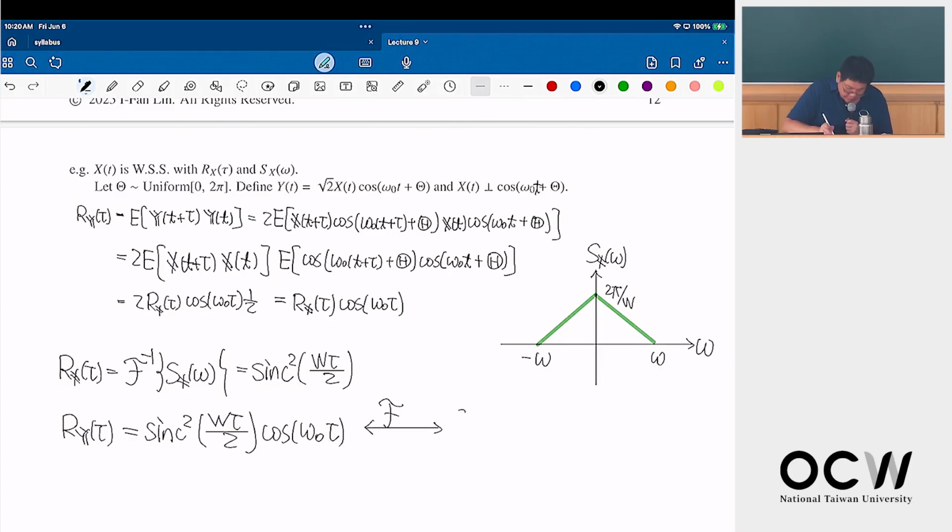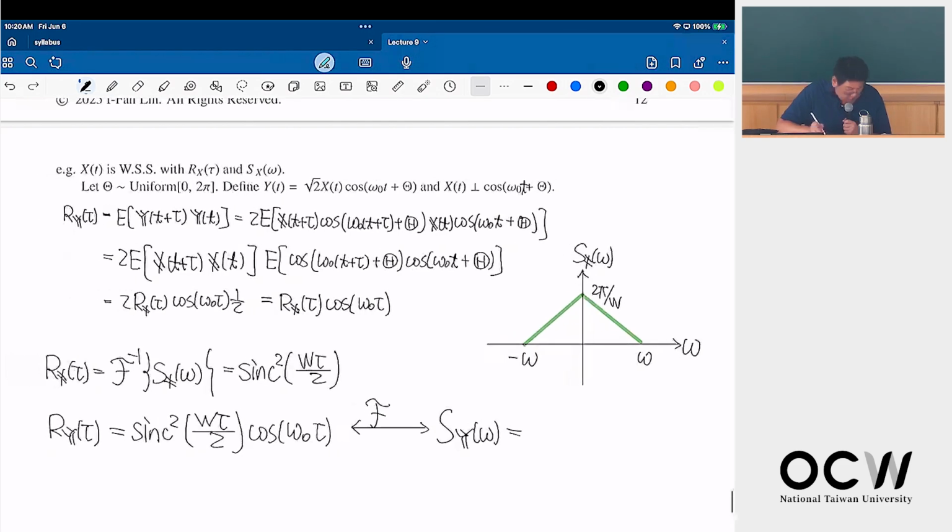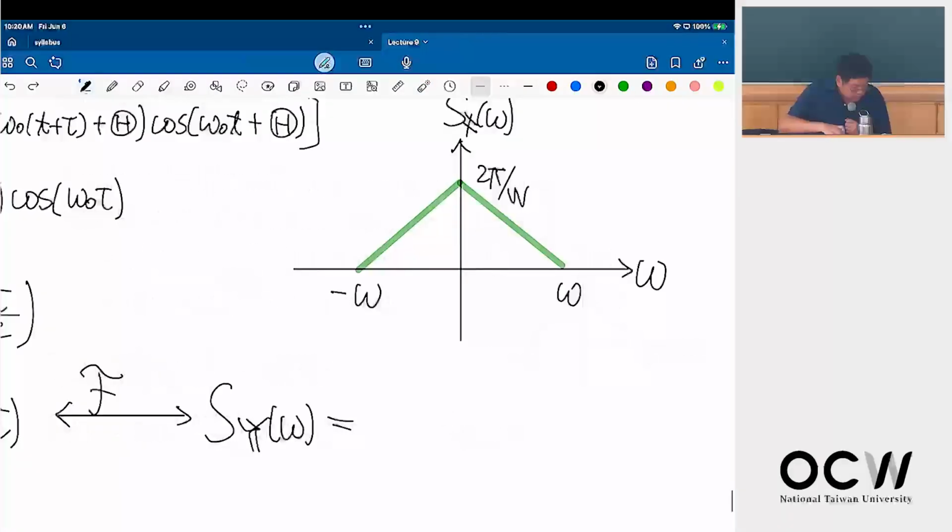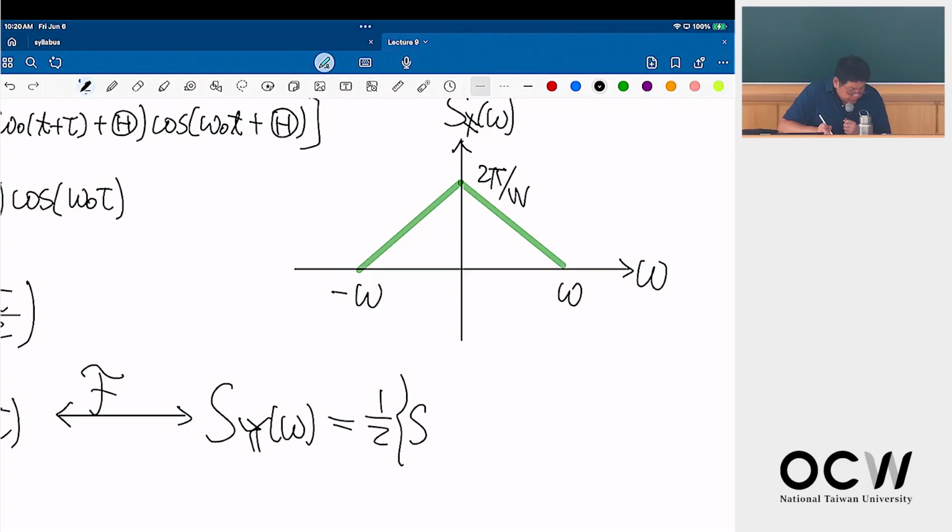So the spectrum of y will be, we have a cosine, right? That means I will shift to the left and shift to the right. And the magnitude will be half of that, 1/2 of your power spectrum of x, shift to the right and then shift to the left.